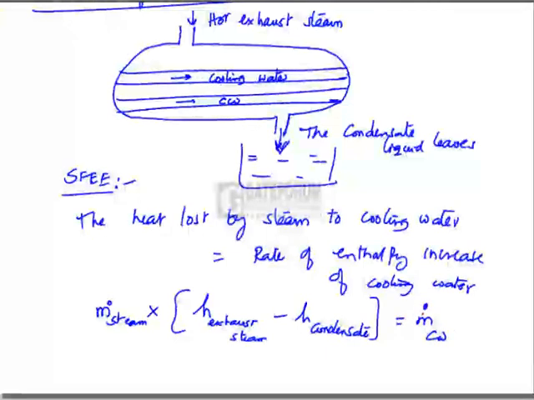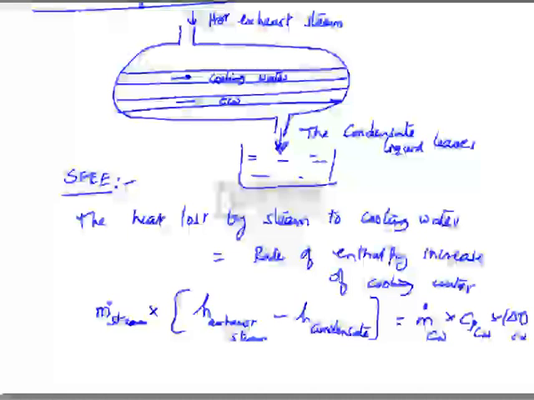M dot Cw means mass flow rate of the cooling water into specific heat of the cooling water into temperature increase of cooling water. This is the energy balance equation written for the condenser, which is nothing but the application of the steady flow energy equation to the condenser of a steam power plant.